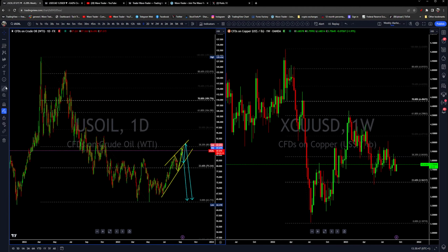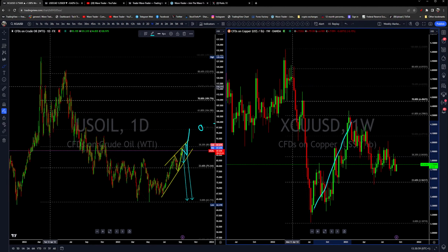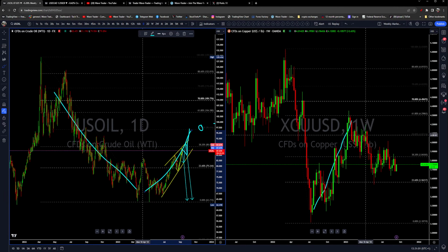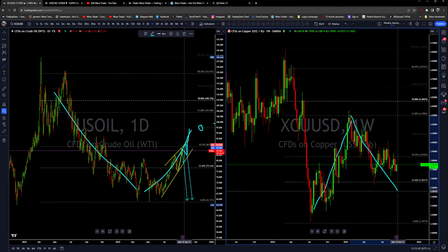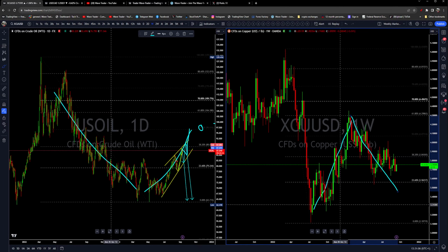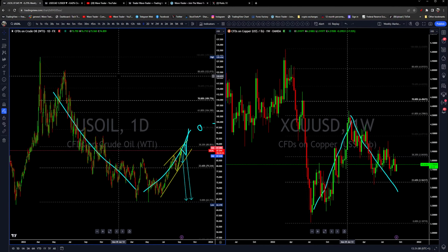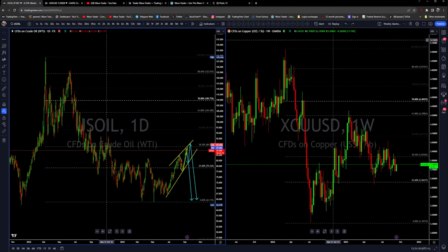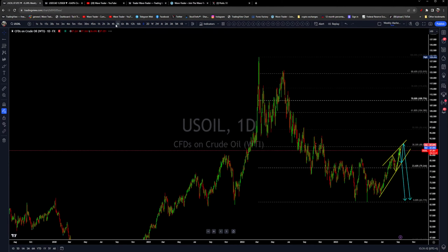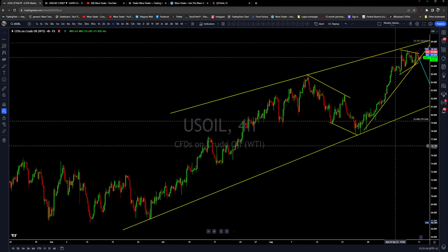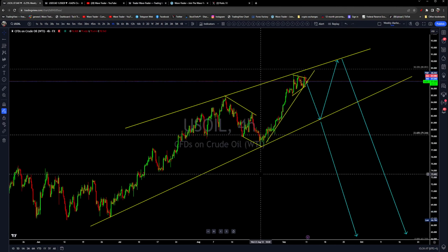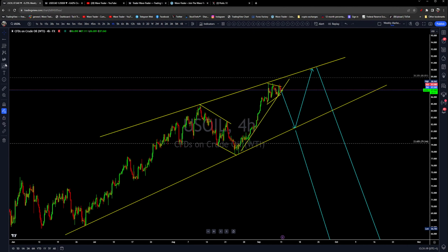There is a possibility that another leg higher can happen over there, which can push up to the 50% retracement or the $100 mark, like this weekly wave. This weekly wave is happening over there, and this is what we are expecting on oil next. If I go to the lower time frame, right now we are expecting a counter trend move, simply.